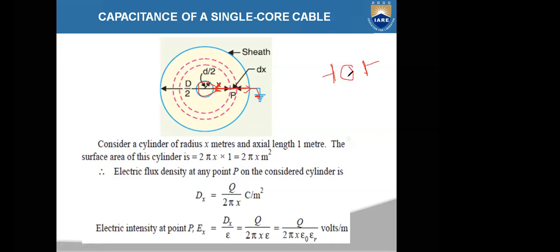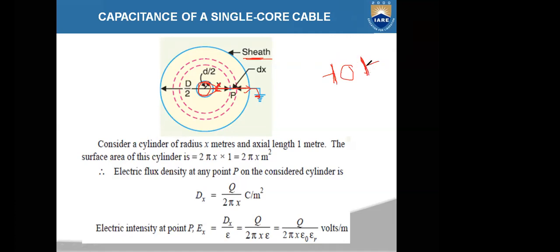In the cable, the conductor where the actual current flows acts as one plate, and the sheath connected to earth acts as another plate.